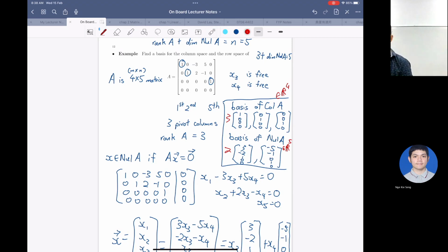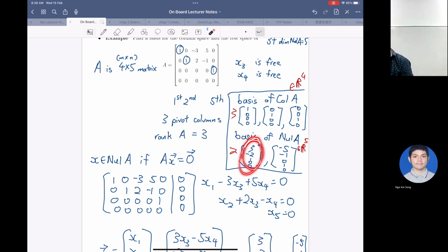So you can never get Nul A from the columns of A. You see it? They live in different spaces. One has 5 entries, one only has 4 entries. Okay. So Nul A lives in R5, and Col A lives in R4. One is horizontal, one is vertical. They live in different spaces. Okay, something to note here.